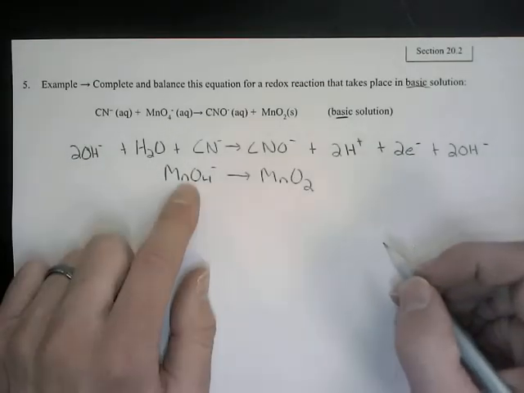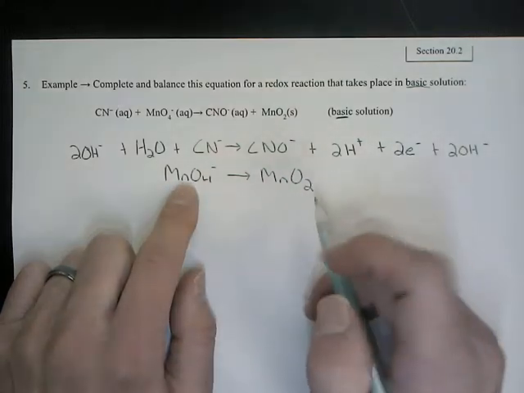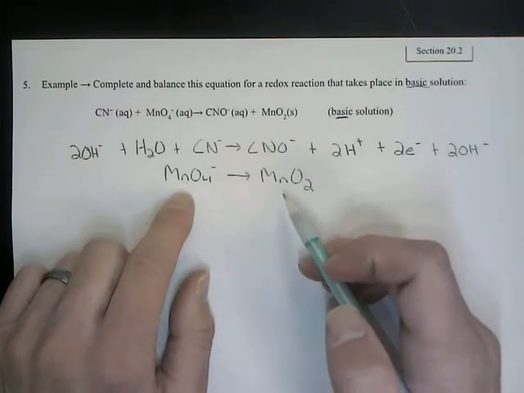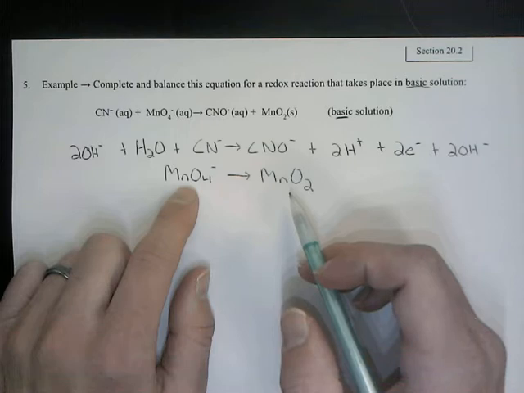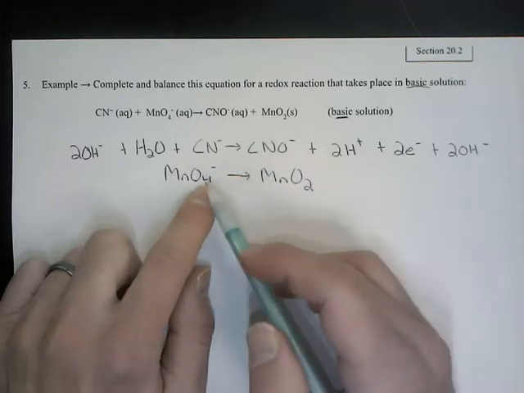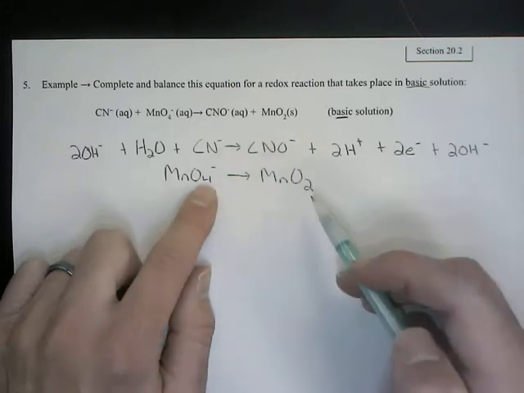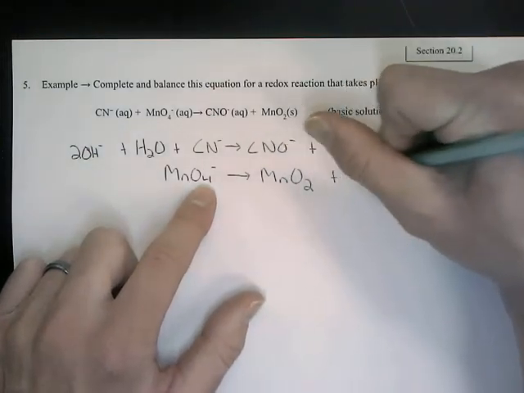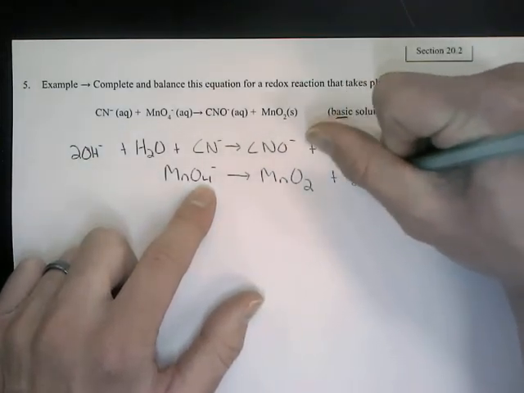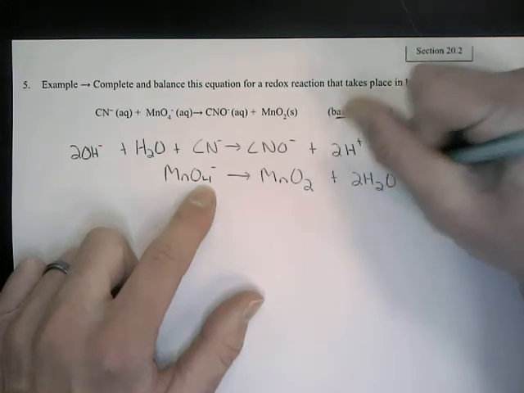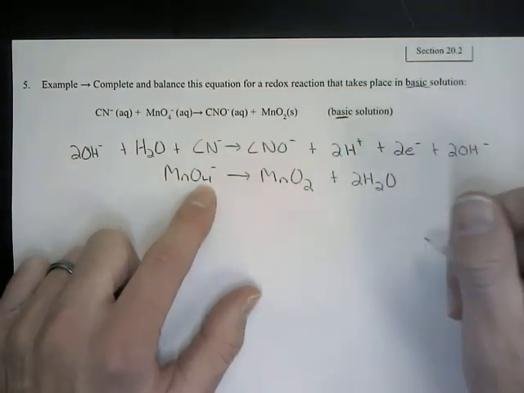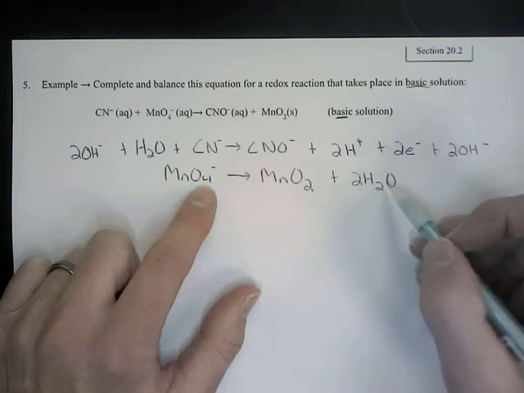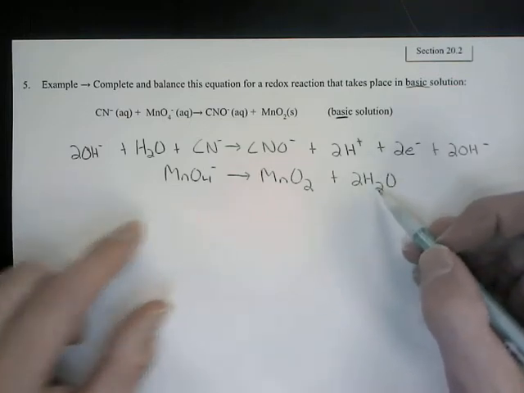Now we go to this problem here. It says balance everything besides H and O. Well, they're balanced right now, and now we go to our oxygens. On our left, we have 4 oxygens. On our right, we have 2 oxygens. So we need to add an additional 2 waters on our right-hand side to get our oxygens balanced. Now we have 4 H's on our right.